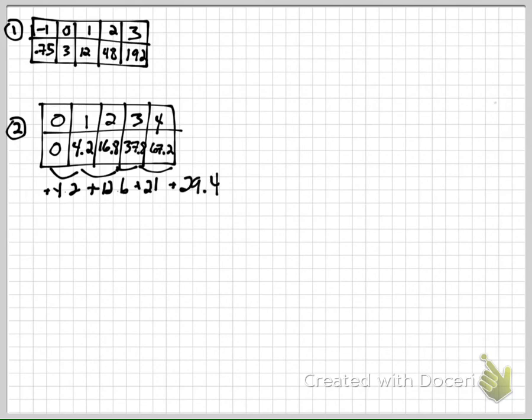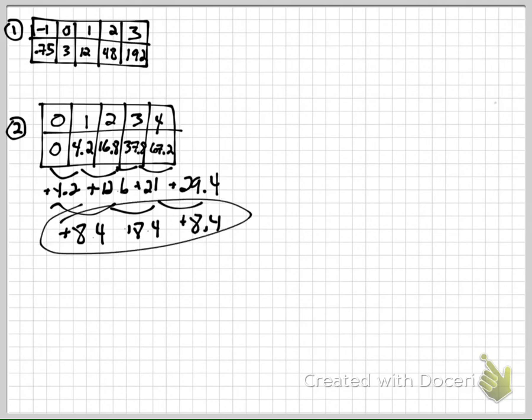Looking at this, second set would be plus 8.4. This is plus 8.4, and this is plus 8.4. The second set of differences are consistent, which makes this quadratic, right?